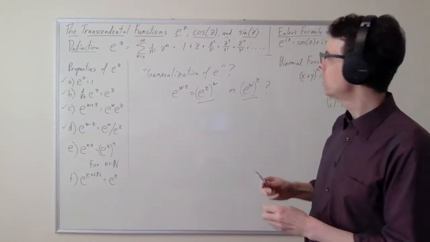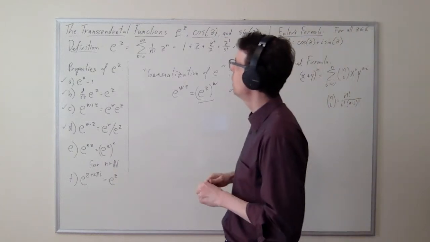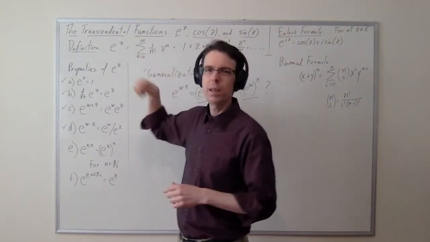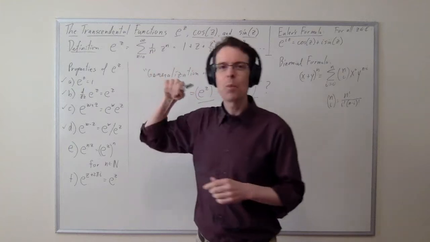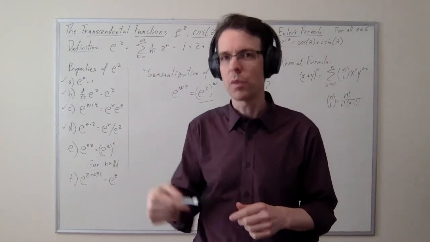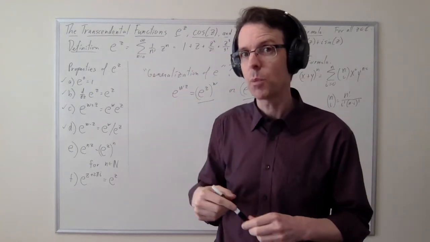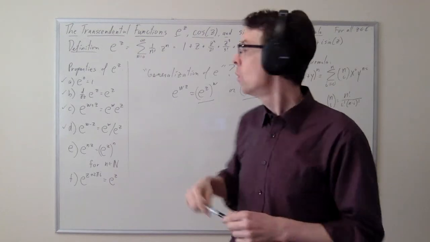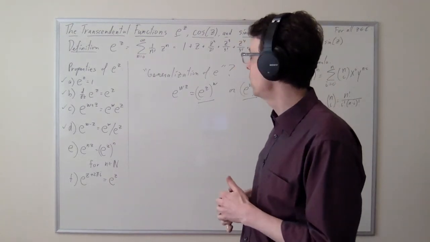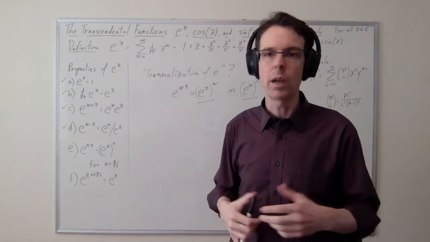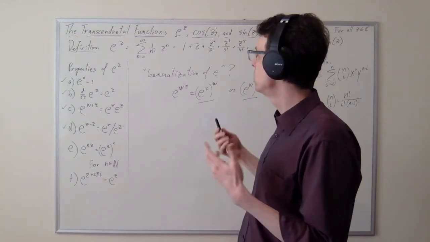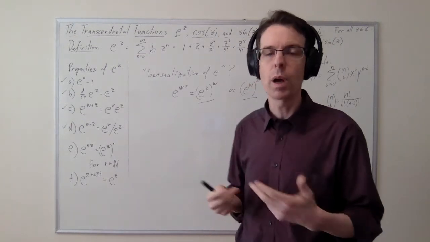Why not? Well, we have a definition of e to the z now. The only time we have complex exponentiation defined is when the base of the exponent is the special number e. Nothing about this work allows us to calculate i to the i, or even 2 to the i, right?